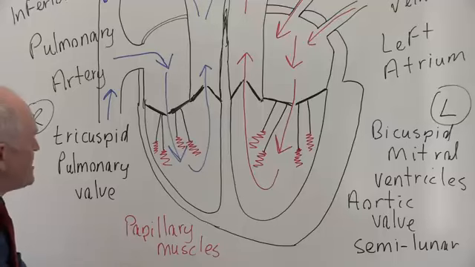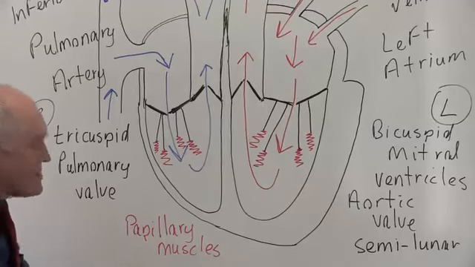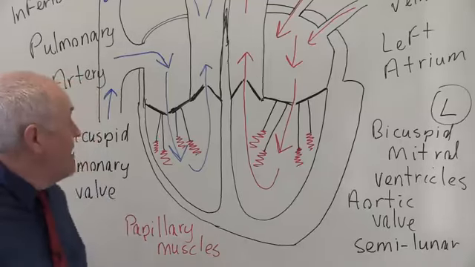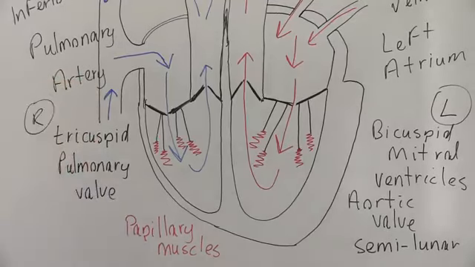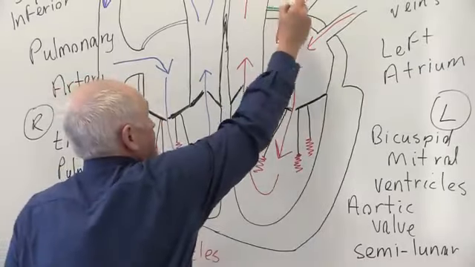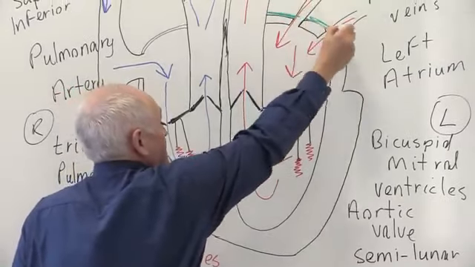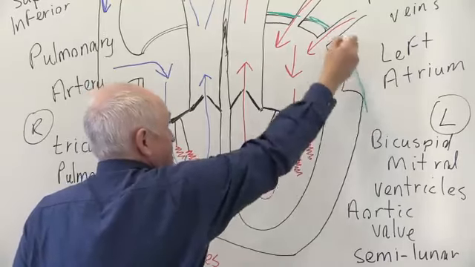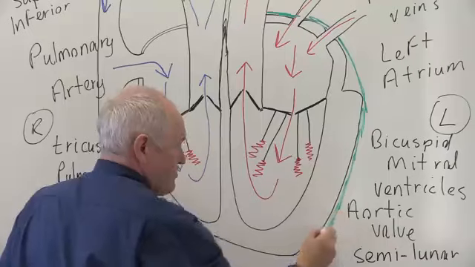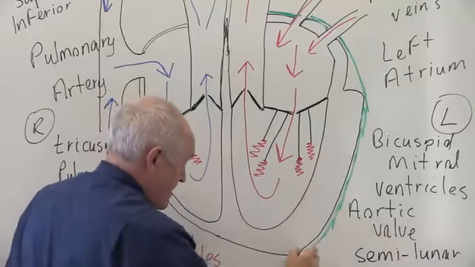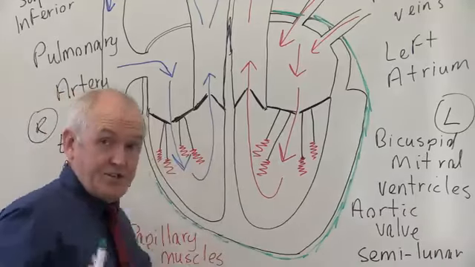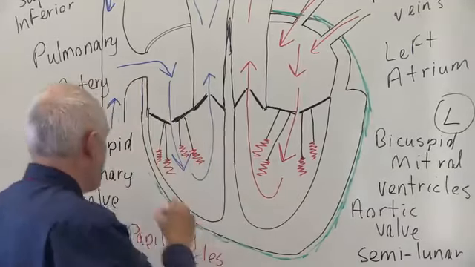So we've looked at the chambers, we've looked at the vessels, we've looked at the valves. The other thing we need to learn when we're starting to learn about the heart are the layers of the heart. Now, round about the outside of the heart, surrounding all of the outside, there is a fibrous sac. This fibrous sac is very important because it provides physical protection to the heart, in addition to the ribs and the vertebrae and the sternum.